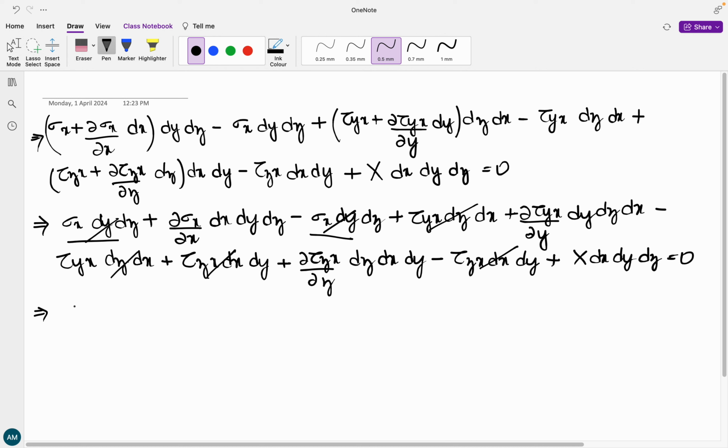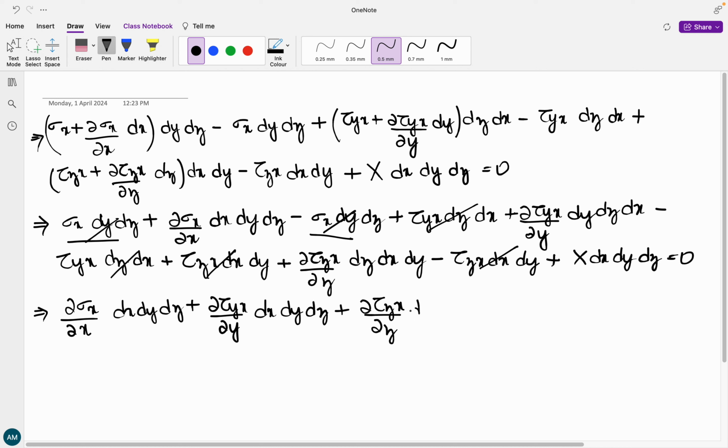So upon simplification, I am left with dou sigma x by dou x dx dy dz plus dou tau yx by dou y dx dy dz. We can rearrange them, nothing wrong. Okay, then plus dou tau zx by dou z dx dy dz plus X dx dy dz equals 0.